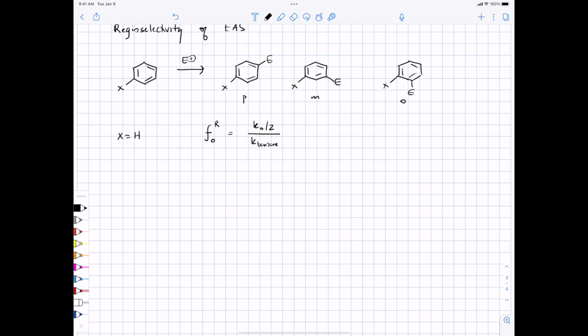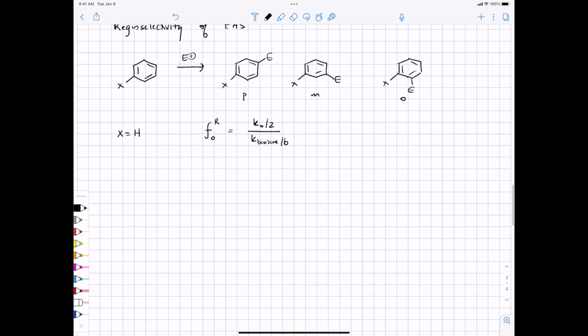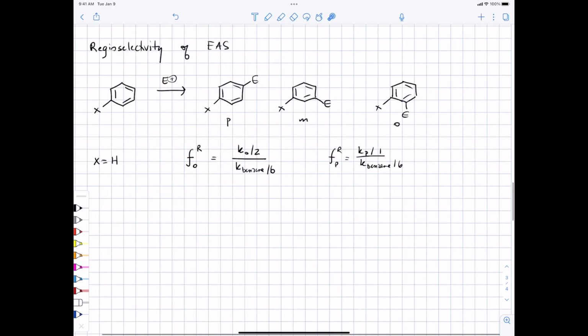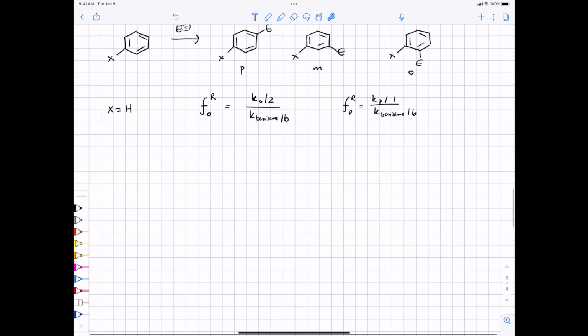And if you're starting with benzene, there is no ortho, para, meta, it's just mono substitution, and we're going to divide that by 6. And then we would do a similar thing for meta. For para, it would be the rate of para product formation just divided by 1, versus the rate for benzene divided by 6. So this is presuming a situation where you can monitor the formation of these three things independently, which sounds like a bit of an analytical challenge.